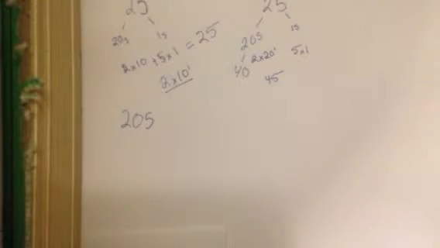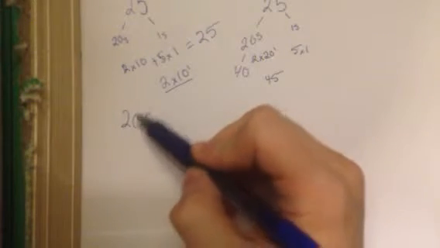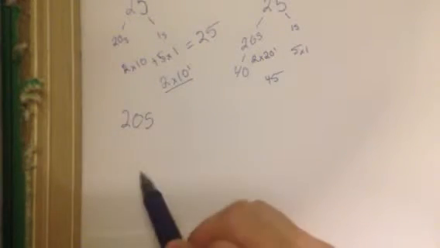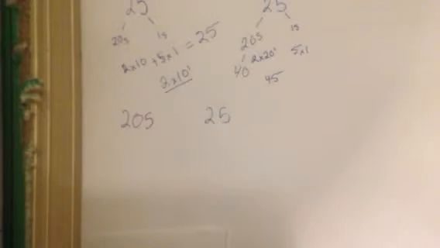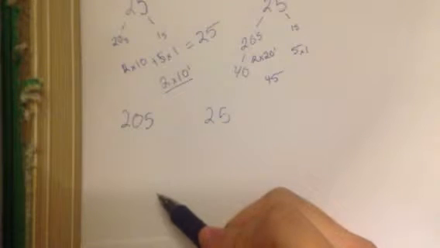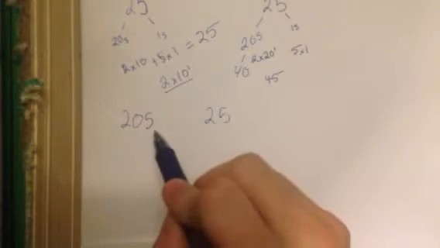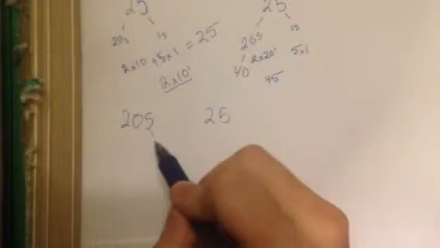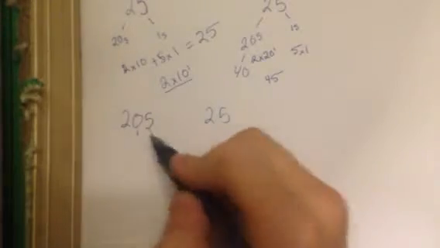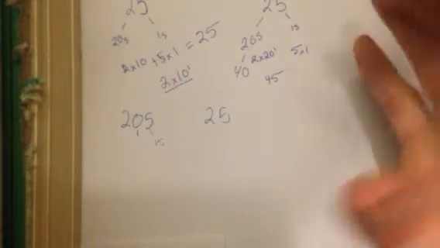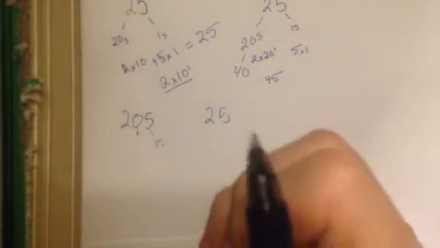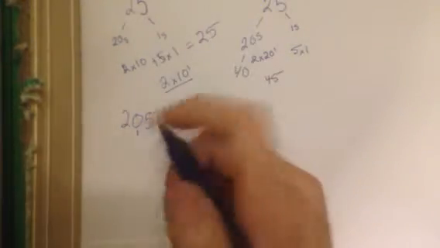And this is why that 0 is so important, because without the 0, there's no way to differentiate 205 from 25 if we don't have the 0 to hold the 10's place. So the 5 is still in the 1's place. This 0 is placeholding nothing. There's nothing in the 10's place, so it holds that place for 0.